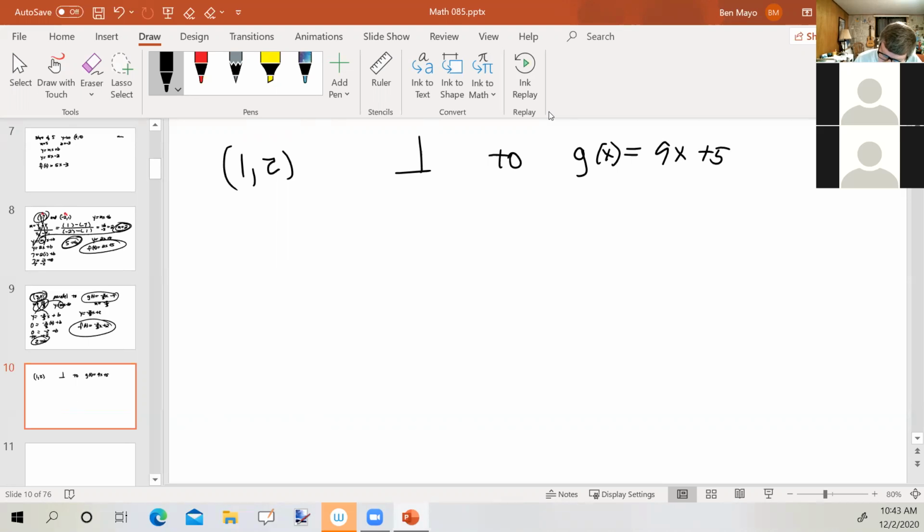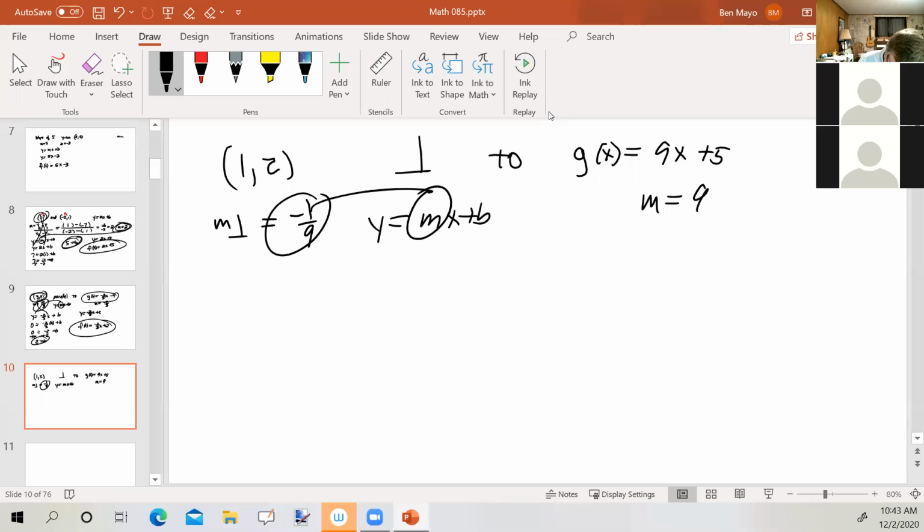Okay, so the slope of g(x) is 9, but the slope of the line that's perpendicular would be the negative or opposite reciprocal. So the slope of the line we're looking for is -1/9. So using y = mx + b, m would be -1/9. So -1/9 x + b.